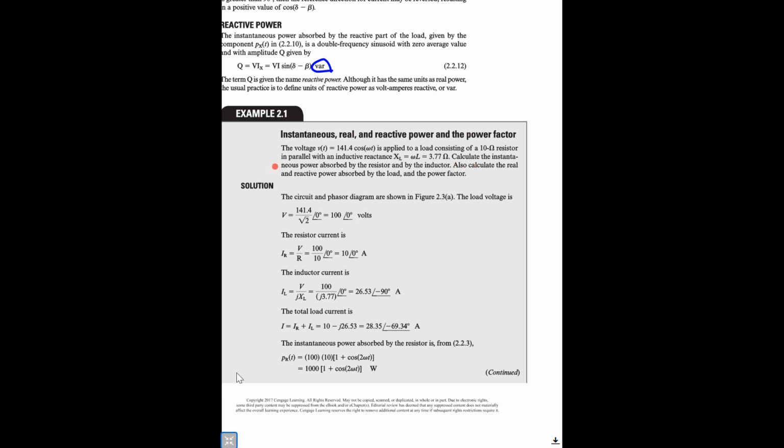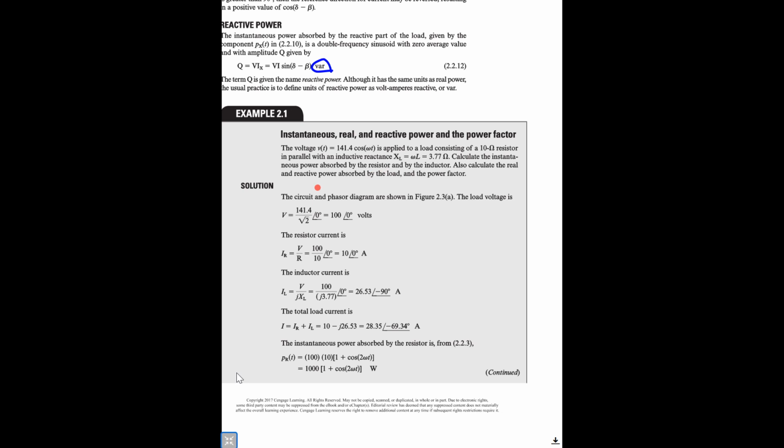Calculate the instantaneous power absorbed by the resistor and by the inductor. Also, calculate the real and reactive power absorbed by the load and also the power factor.